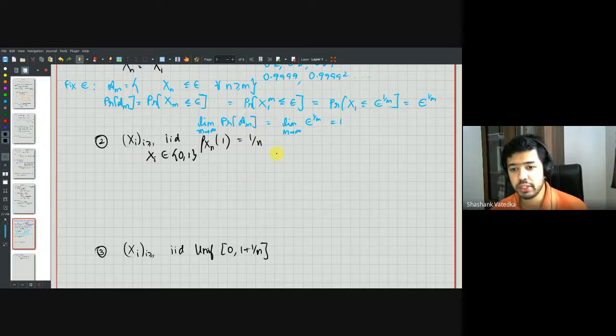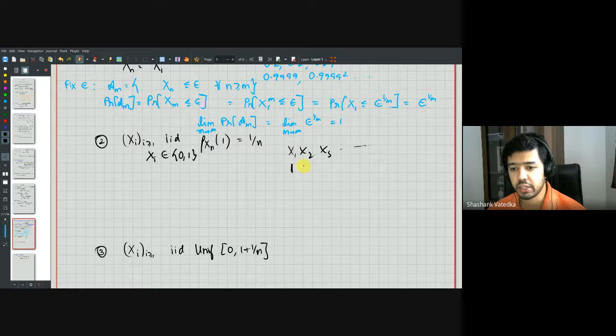So think about a sequence of random variables in terms of the realizations, right? So you have x1, x2, x3, and so on. So what is the probability that x1 is equal to 1? It is 1, right? So n equal to 1, so the first one is always a 1. The second, x2, is a random variable with probability half it's 0 and probability half it is a 1.